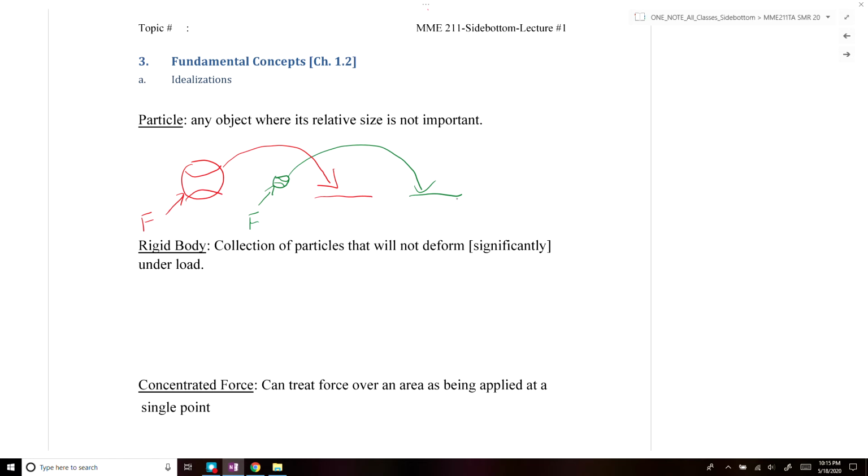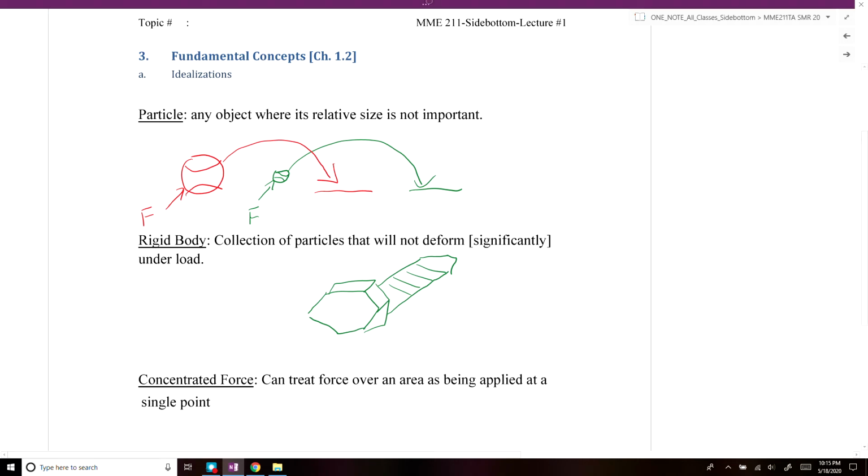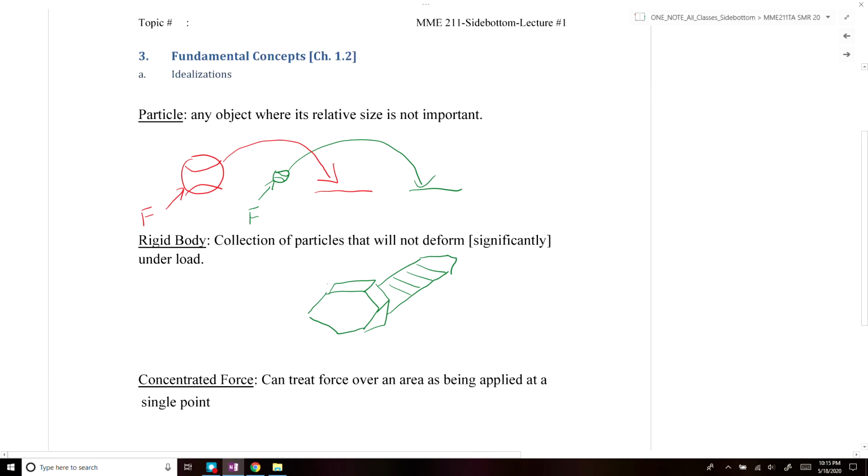So, for example, if you had a bolt here, and I'll draw it in three dimensions, and you want to tighten or loosen this bolt, what you would typically use is a wrench.